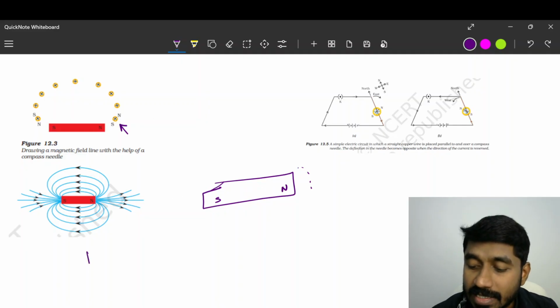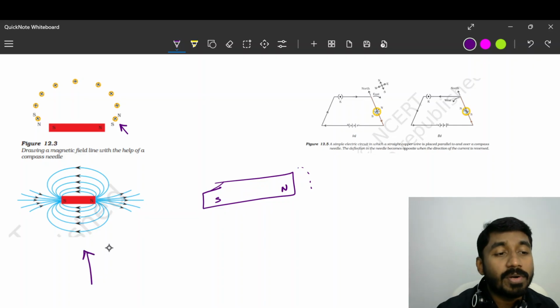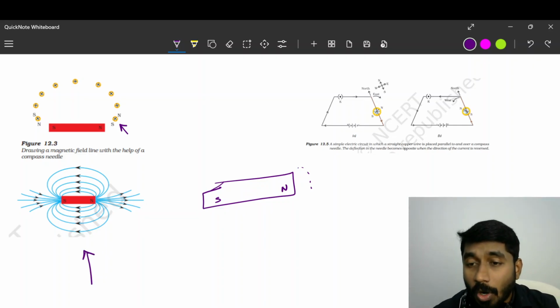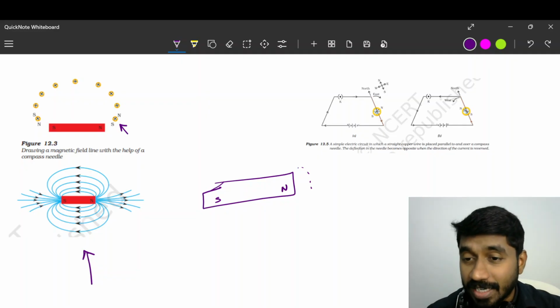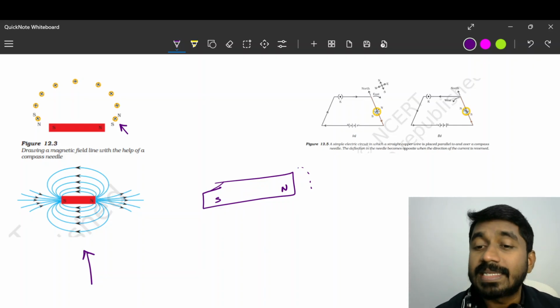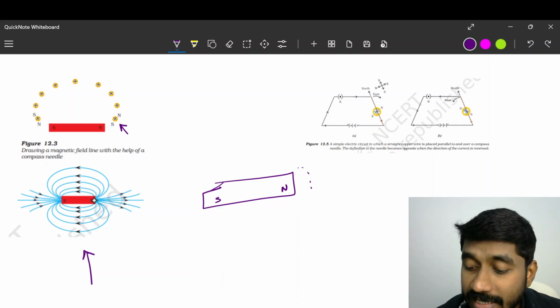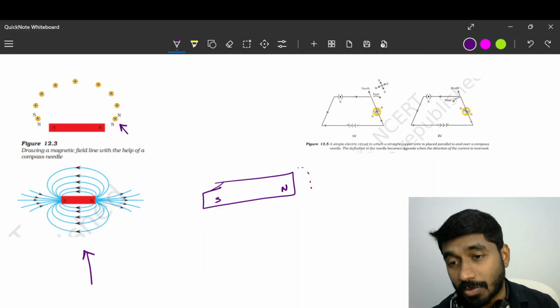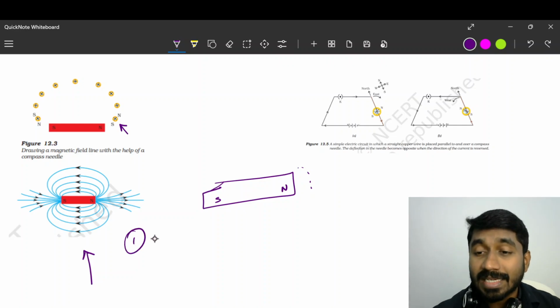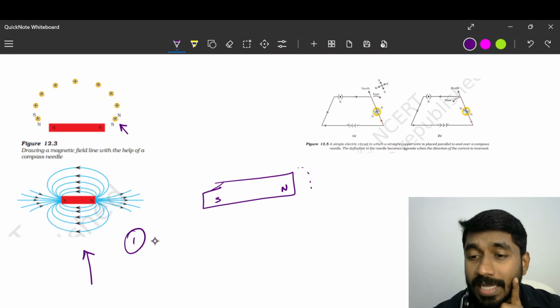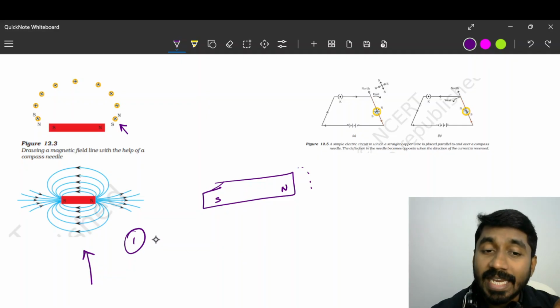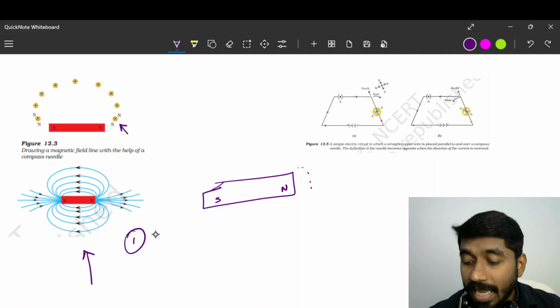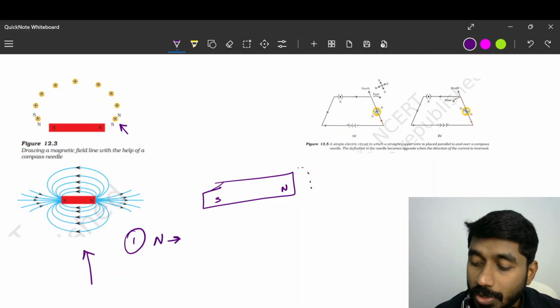The first thing in this chapter, again, you need to study the properties of magnetic field lines around a bar magnet. The magnetic field lines around a bar magnet originate from the north pole and end at the south pole. So what is the first point? The magnetic field around a bar magnet starts from the north pole and ends at the south pole.